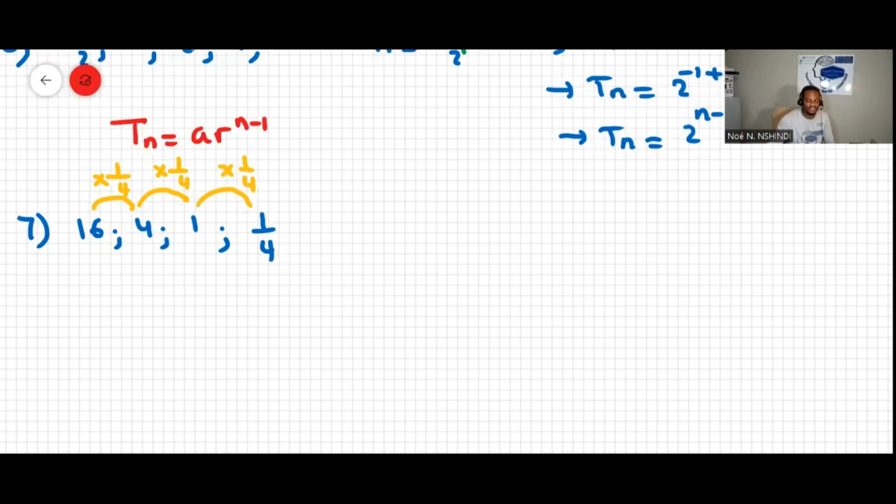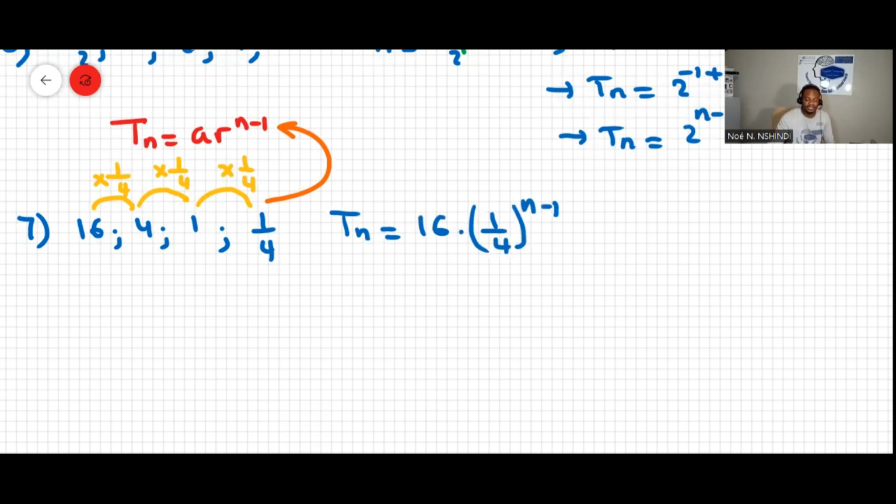So in cases like this, this is the formula as in the previous questions. Over here, Tn will be equal to the first term, which is 16, multiplied by r, which is a quarter, to the power of n minus 1.